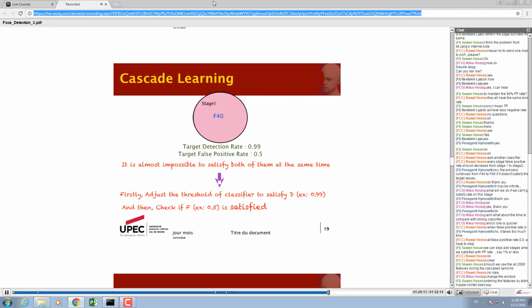In the first step, just satisfy detection rate. So we are fixing the detection rate, 0.99. Okay? So how can we achieve this goal? It means we are not allowing the detection rate to go down under 99%.